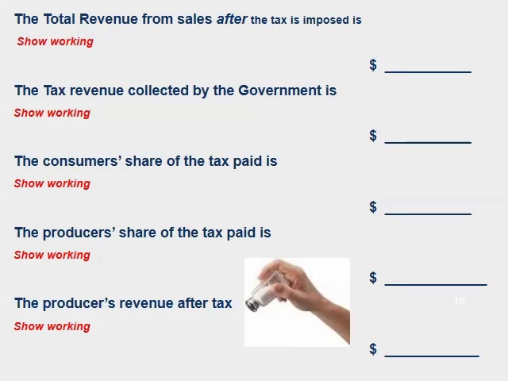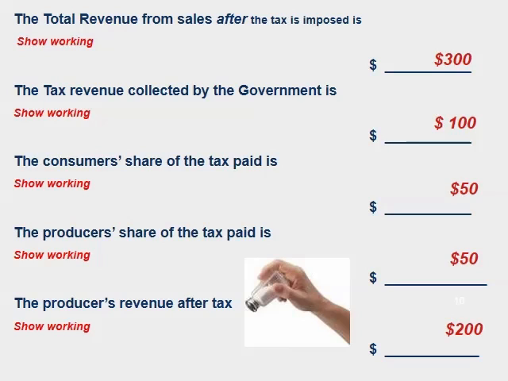So to summarize, using the graph, show your working. Total revenue from sales after the tax is imposed is $1.50 times 200, $300. Tax revenue collected by the government is 50 cents times 200, $100. Consumers' share of the tax paid is 25 cents times 200.